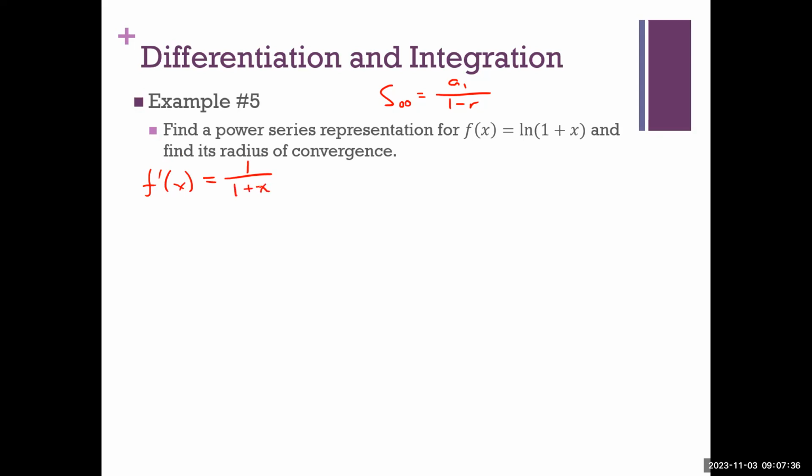So is 1 over 1 plus x something we can treat like a geometric series? We can change the sign. So instead of representing this as 1 over 1 plus x, we can call it 1 over 1 minus negative x.